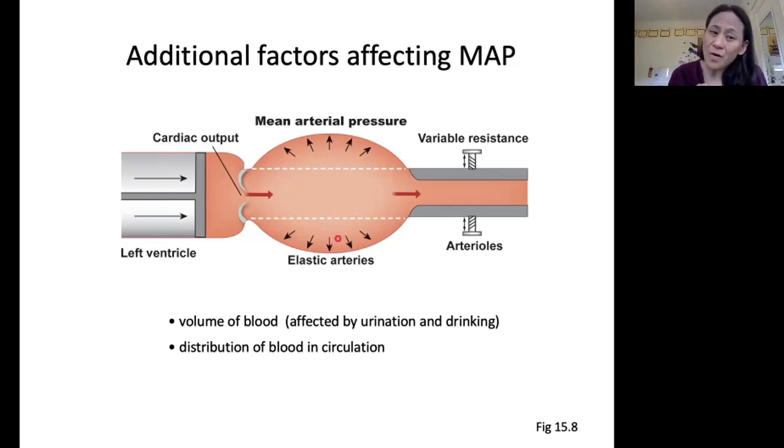As I mentioned before, our veins hold about 60% of our total blood volume. So if our arterial pressure goes down, we can compensate by increasing our venous return so that we can shift that blood from our veins to our arteries, and compensate for that loss of blood pressure.